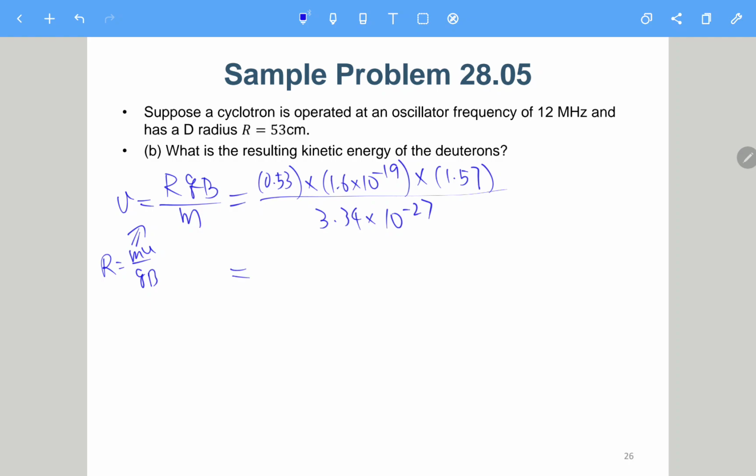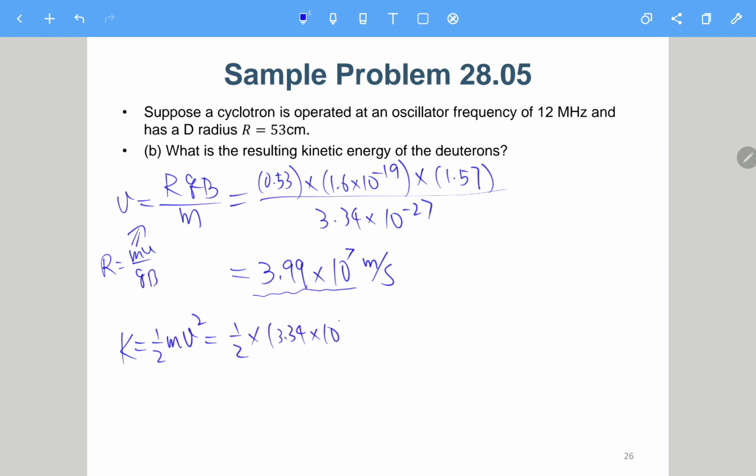Okay, so this is 3.99 times 10 to the 7th meters per second. Quite fast, more than 1/10 of the speed of light. Okay, so actually K is 1/2 mv squared. So this is 1/2 times 3.34 times 10 to the negative 27, times 3.99 times 10 to the 7th, squared.